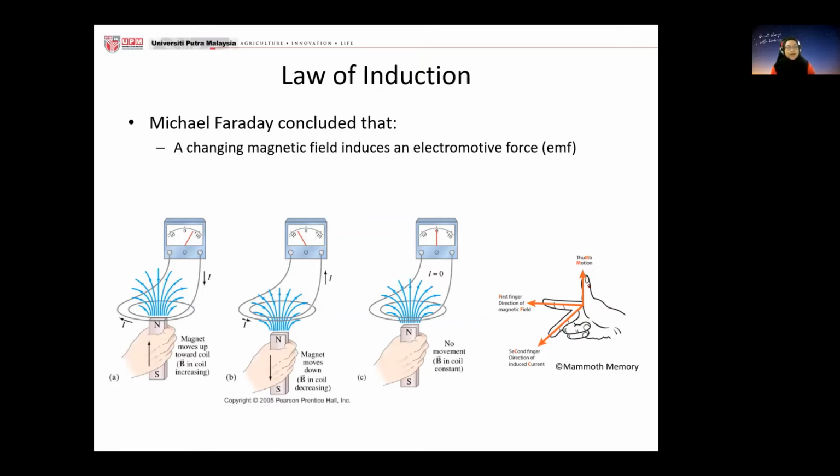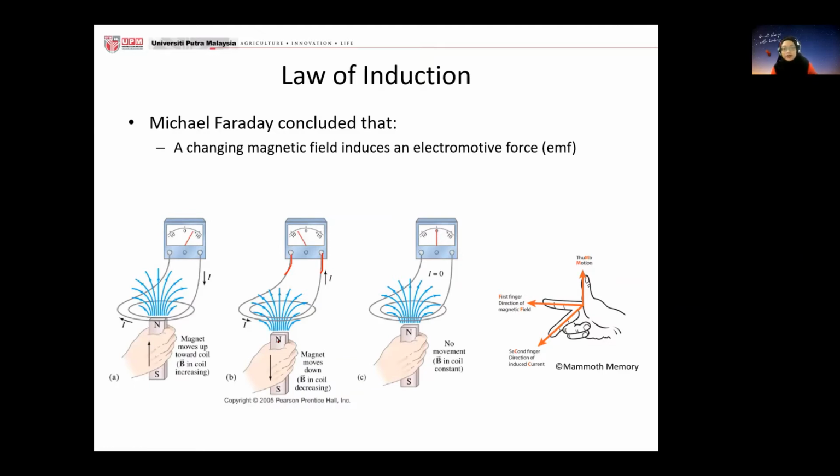But one thing I have to highlight: the movement, the thumb that shows the movement, is not the magnet, it's the coil, because you have to look at what exactly the current is moving through. In this situation, it's the wire. It's not the magnet that we are testing, we're testing the wire.